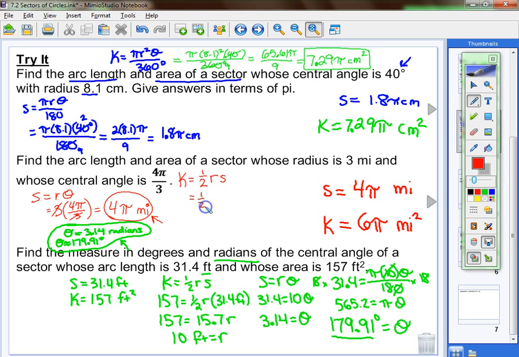So it's half times 3 times 4 pi. And we'll get 3/2 times 4 pi. The 2 and the 4 cancel, and we end up with 6 pi. And we're measuring area, so it's miles squared. And that's how you do the two try-it problems.